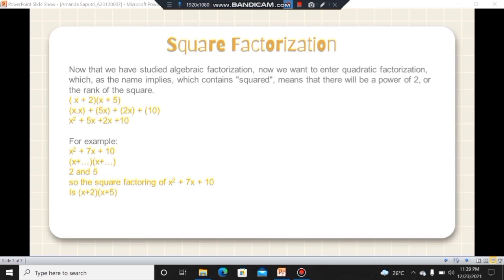Now let's think about what two numbers multiply to 10 but when added up make 7. That's right, 2 and 5: 2 plus 5 equals 7, and 2 times 5 equals 10. So the quadratic factoring of x squared plus 7x plus 10 is x plus 2 times x plus 5.